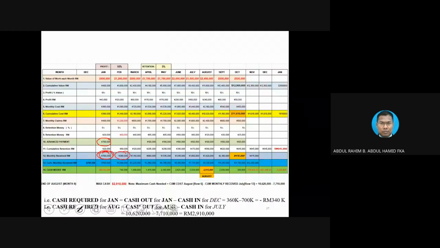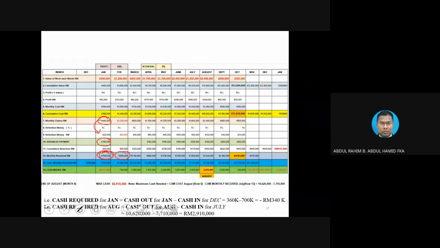Then 380. Where does this amount come from? You need to understand, this amount is the payment received. Whatever payment is received in February is coming from the work that was done in January. So remember, we make a claim of 400,000 at the end of January works. But since we do have retention 5%, the client is going to deduct 20,000.